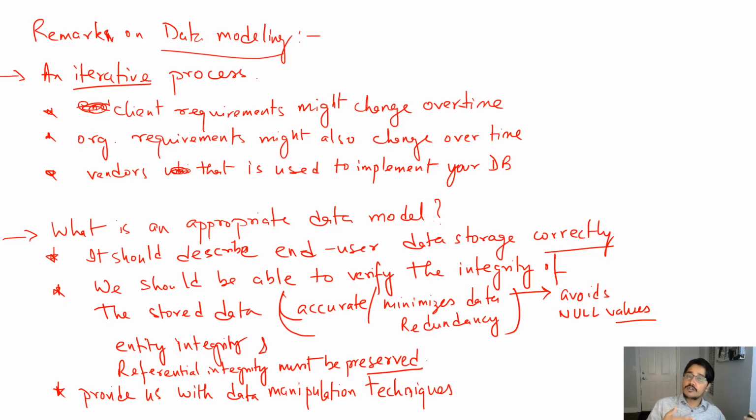So that means in order to do that transformation, the data model should provide us with different data manipulation techniques which will be able to do that transformation. Okay, and in simpler terms, this relates to things like having SQL queries or being able to write transactions.